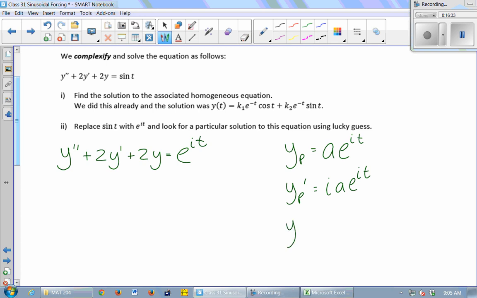And then my y particular double prime is going to be i a e to the i t times i again, because of the chain rule, and i times i is -1. So this would be i squared a e to the i t, which is actually negative a e to the i t, because i squared is -1.